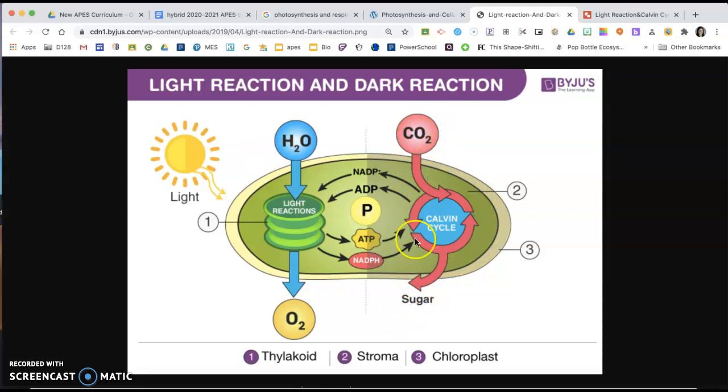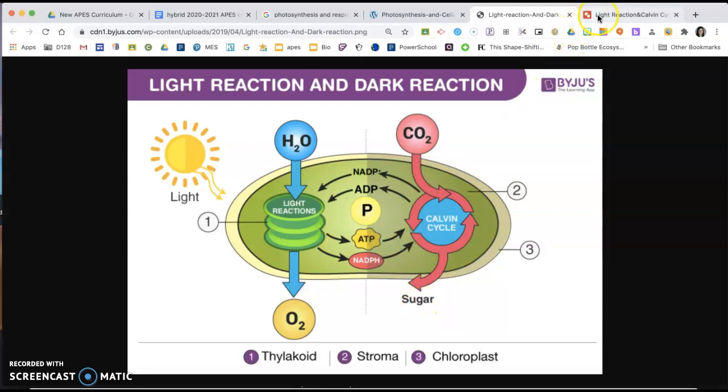So that's how we get C6H12O6. The H's come from the water as the light reaction rips them away from the oxygen. Oxygen is released as a byproduct. Hydrogens continue on, join up with the CO2, and create sugar for the plant.